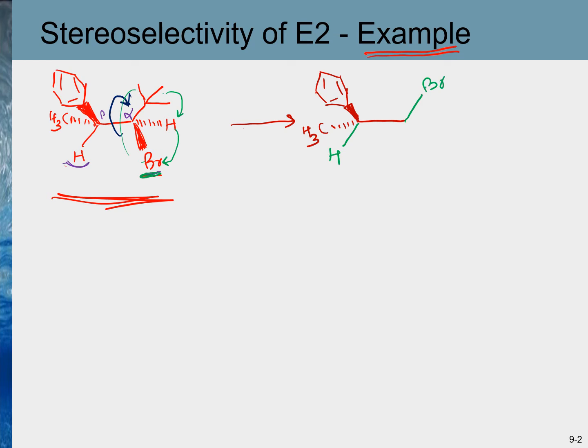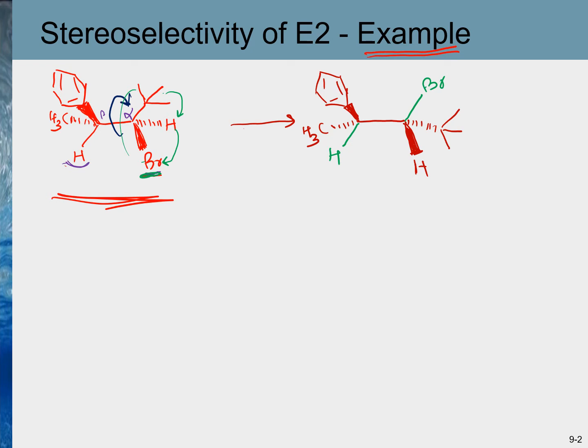So bromide will go there. The tertiary butyl group will occupy the position which was earlier occupied by the hydrogen, and the hydrogen now will come towards us. And remember, this orientation or this conformation or rotation along the carbon-carbon single bond is allowed.